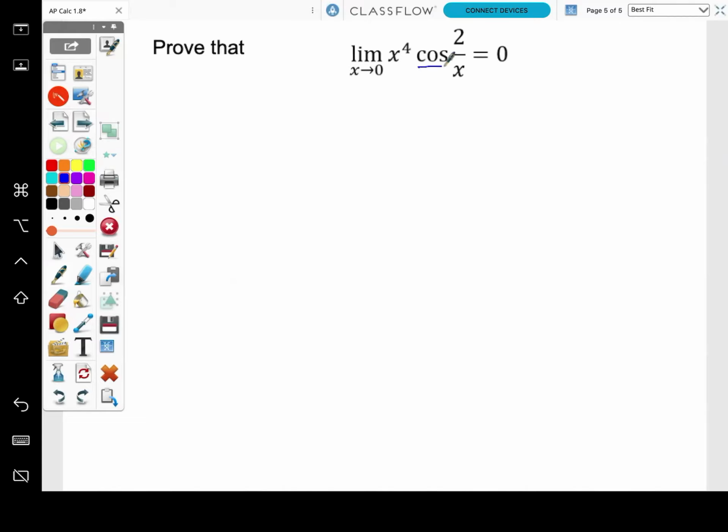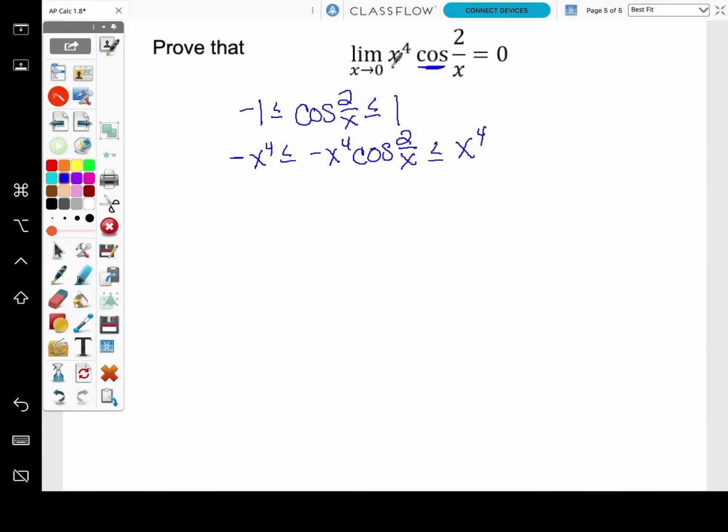Okay, so just because this is cosine, we're going to squeeze it between -1 and 1, as we have been doing for the entire video. Then we're going to multiply by x to the 4th, so I get negative x to the 4th less than or equal to x to the 4th cosine 2 over x less than or equal to x to the 4th. Now we got all that in there.